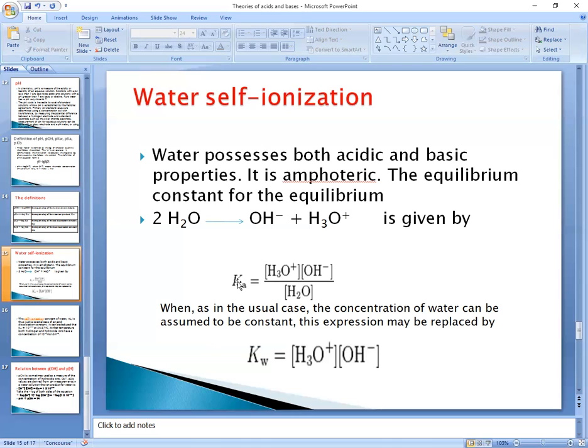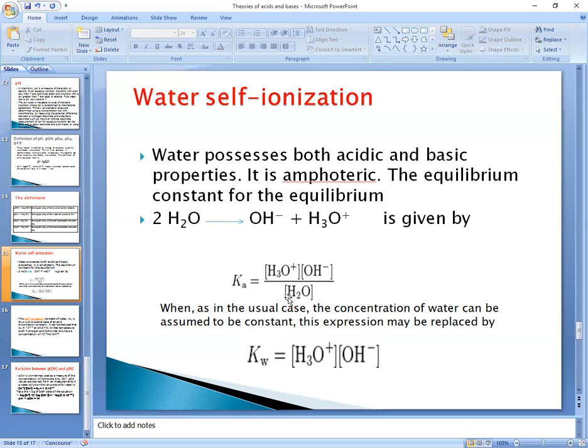So on multiplying Ka with the concentration of water, the product of Ka and H2O concentration will become equal to Kw.